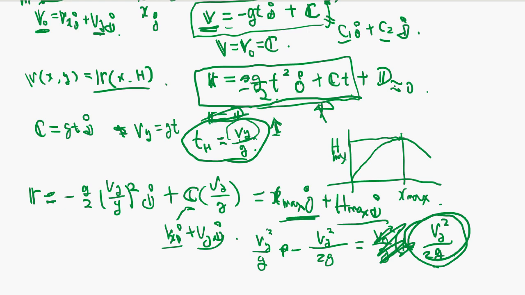So this one gives you the position, and the V vector gives you the speed at each location. So you can completely analyze this using vectors. It's much more convenient.